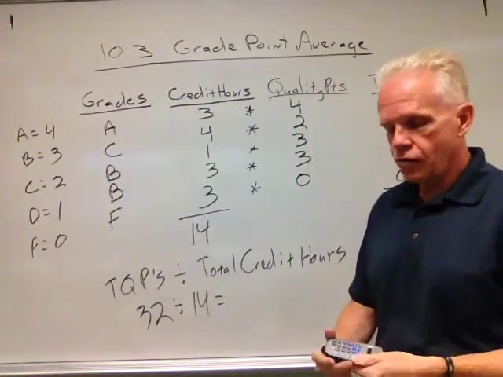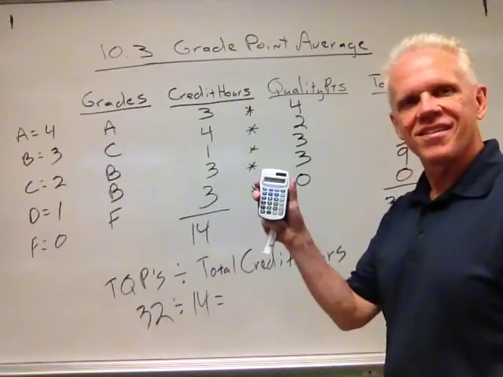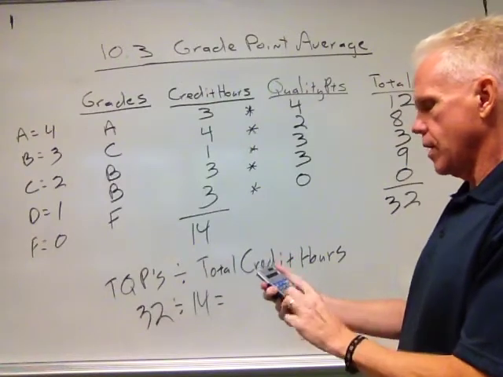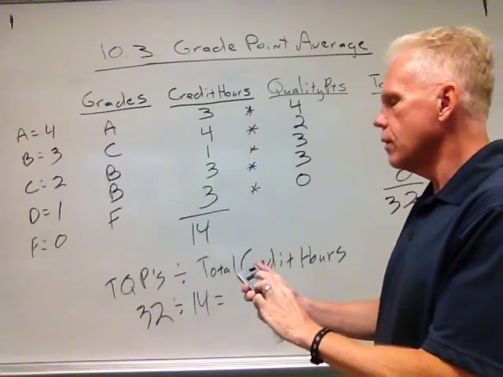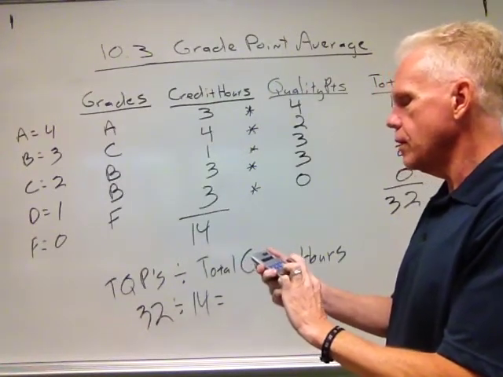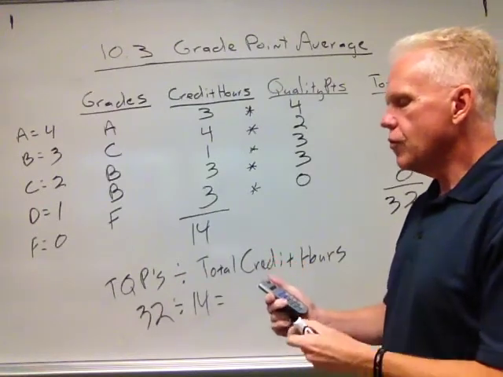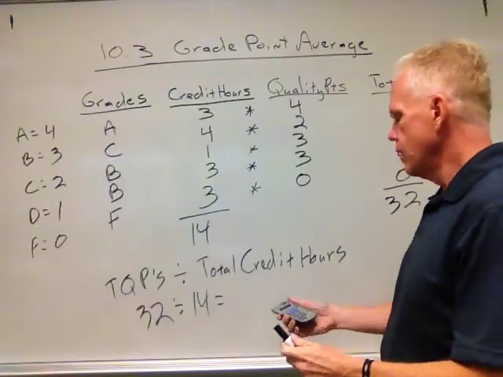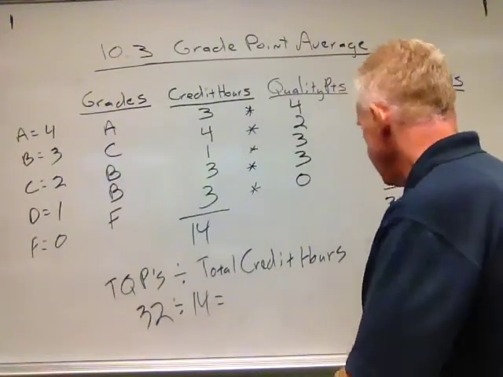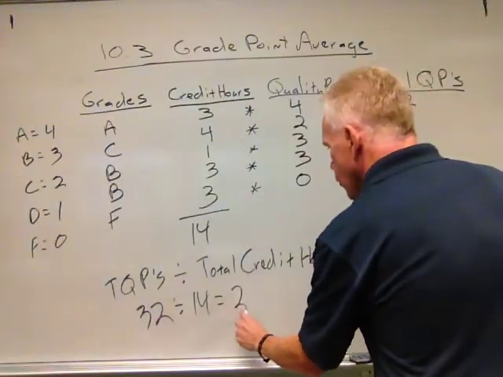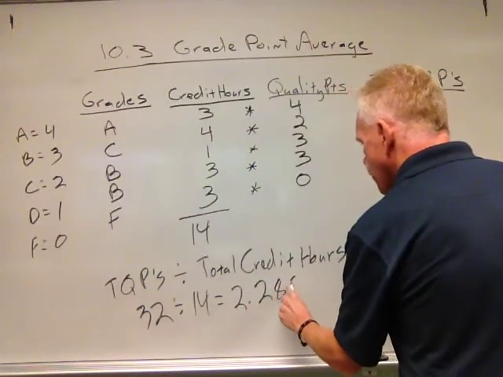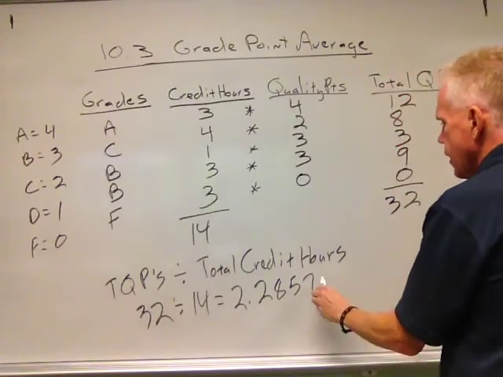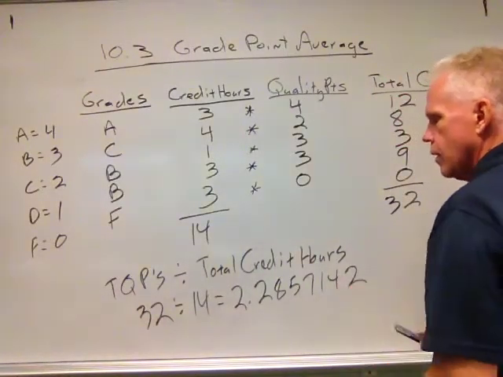Some may round to the 100th. Let's see what we get here on our handy-dandy calculator. All right, so let's take a look. I'm going to do 32 divided by 14 equals, I got a 2.2857, and it goes on a little bit even beyond that.